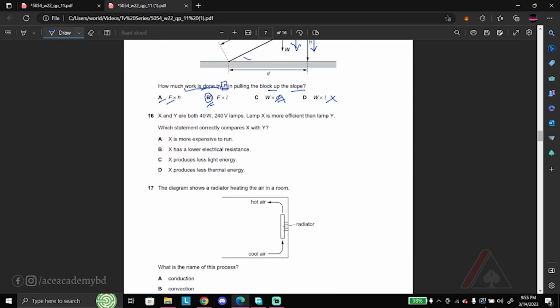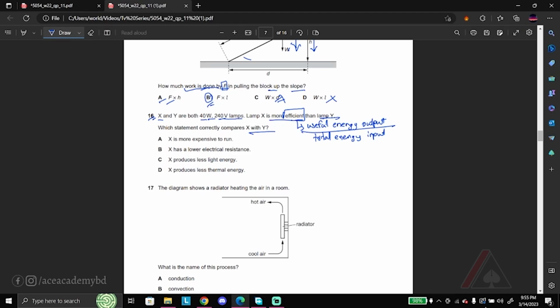Okay, so now let's move on to question number 16. Question number 16 states X and Y are both 40 watt, 40 volt lamps. Lamp X is more efficient than lamp Y. Which statement correctly compares X with Y? The key word here is efficient. Efficiency necessarily means useful energy output divided by the total energy input.